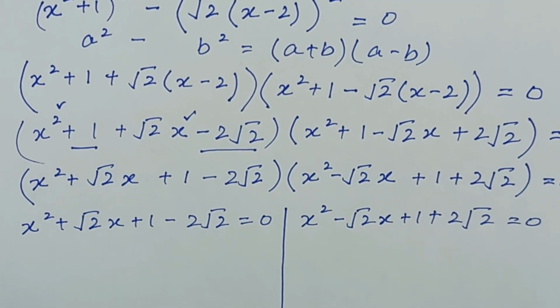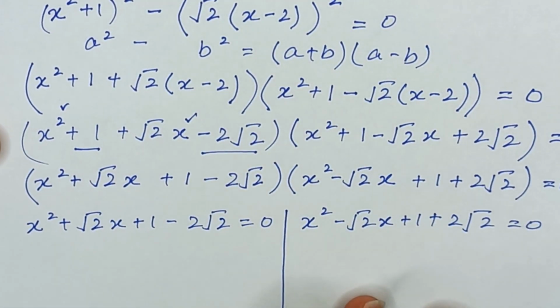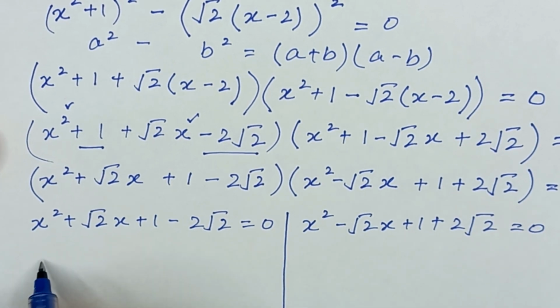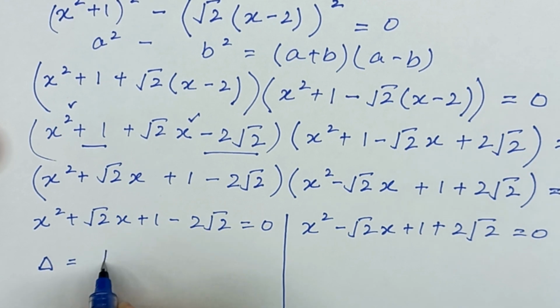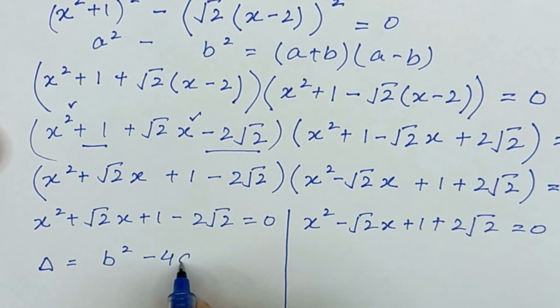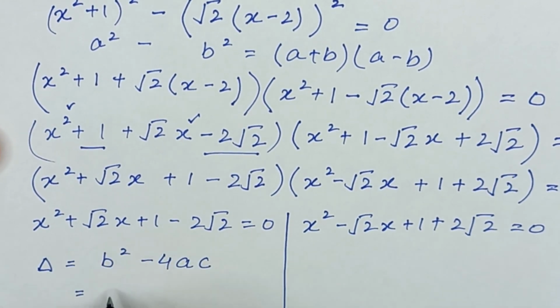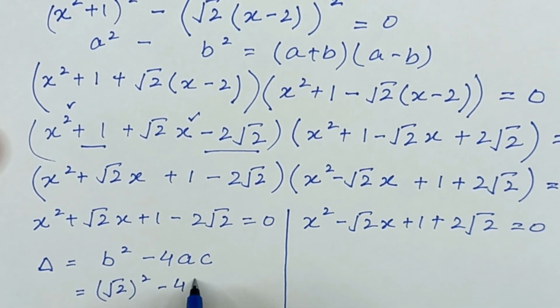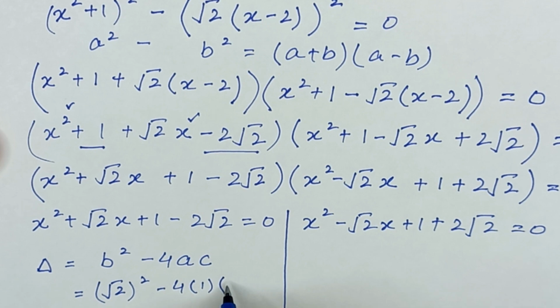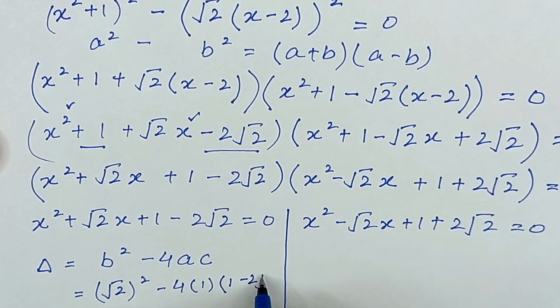Now both are quadratic equations. So before applying the quadratic formula, I will take the discriminant of both equations. Discriminant is b square minus 4ac. So b square will be square root of 2 square minus 4 times a is 1 and c is 1 minus 2 square root of 2.